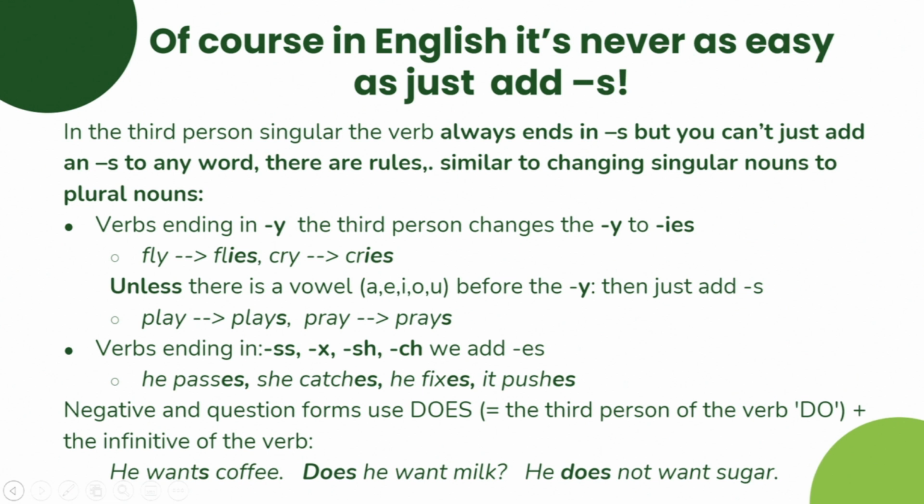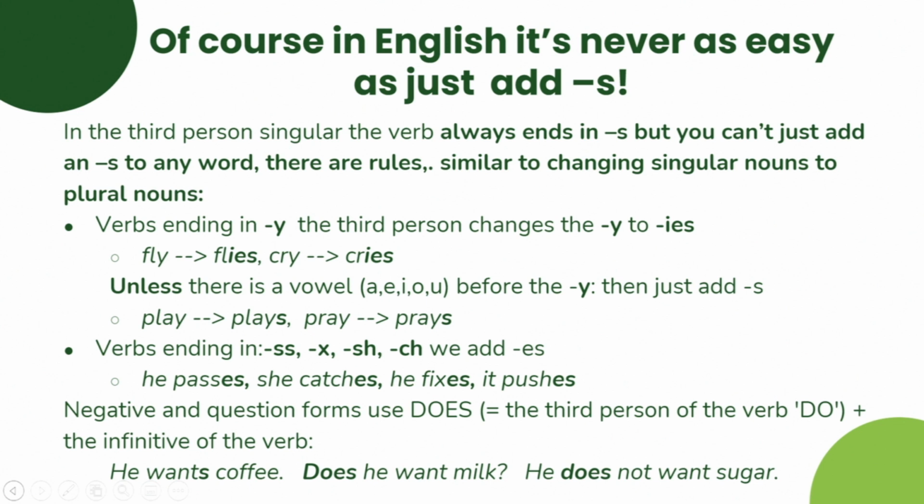Also, when it comes to using the negative and question forms, we use does with the third person of the verb to do. So instead of do, we say he wants coffee. Does he want milk? So you notice we don't say wants anymore. He wants coffee because he is the subject, but the want just becomes the infinitive.